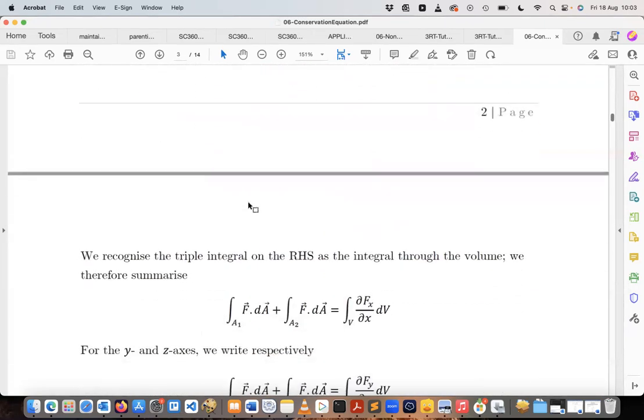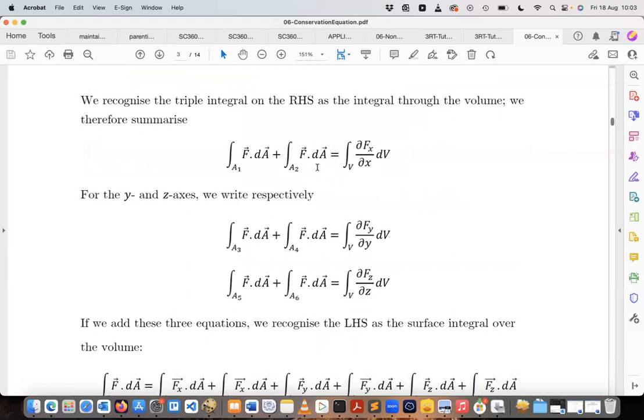So this integral, or if you like, this product, dA and F, if this is at the left face, then that will have a negative sign. So this is like saying in minus out, even though we can't see the minus here because it has to do with the vector, this is effectively flow in and flow out.